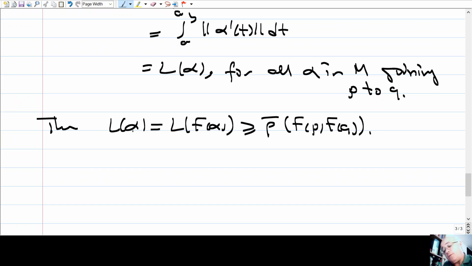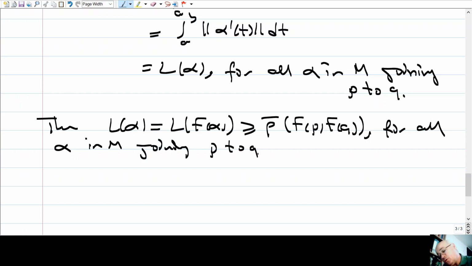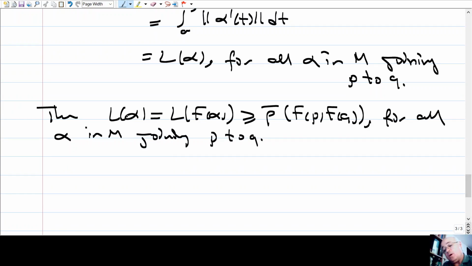However, alpha was any curve. So this is for all alpha in M joining P to Q. So for the set of all lengths over which I will take the infimum, every member of that set is larger than this number. So this is a lower bound for that set.